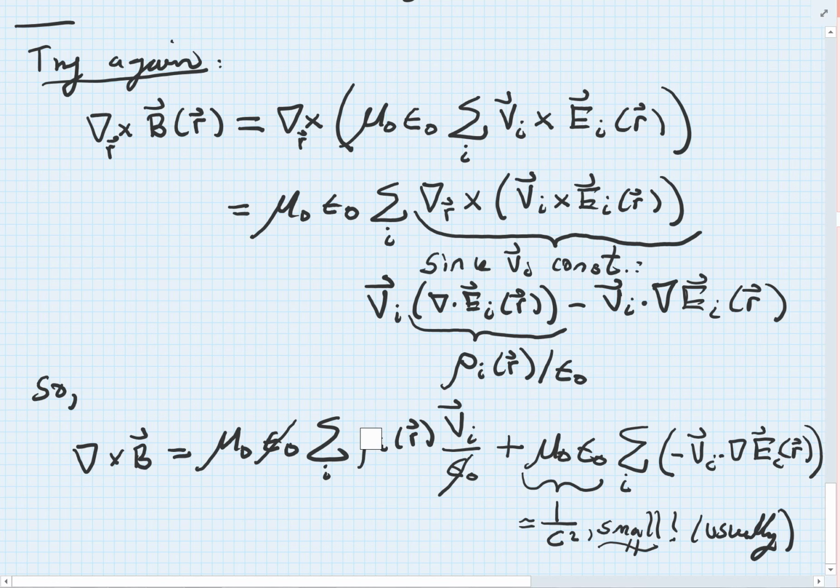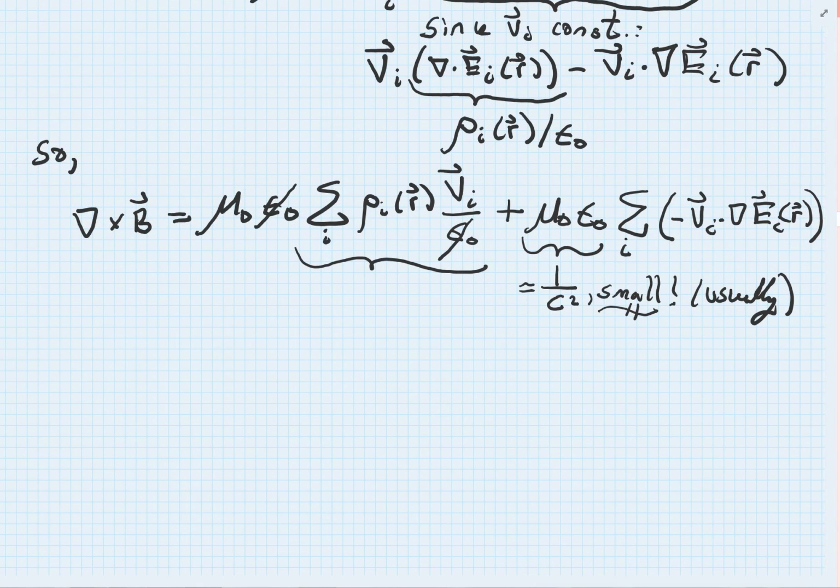And so I want to focus on what this term is telling me. Well, if I were to rewrite this just slightly, I get something very interesting and intriguing out of this. Rho I, it looks like something very similar that we've seen before. If I look at the charge density associated with a particle times the velocity of that particle, you will recall that we've seen this combination before.